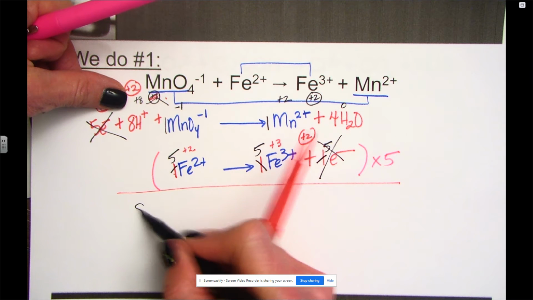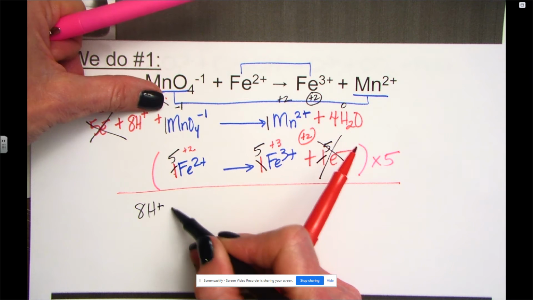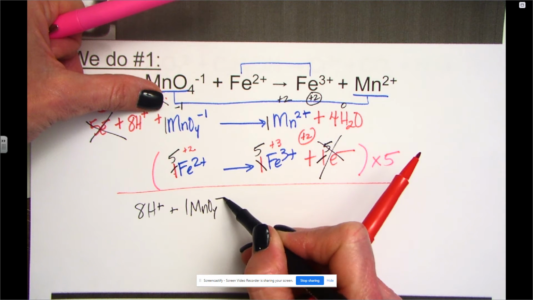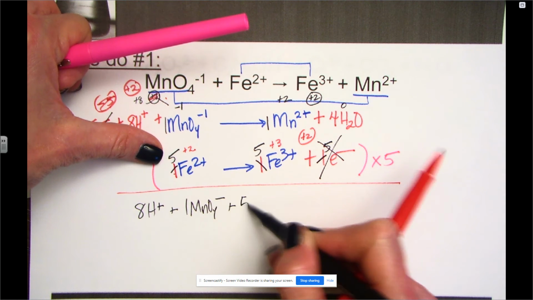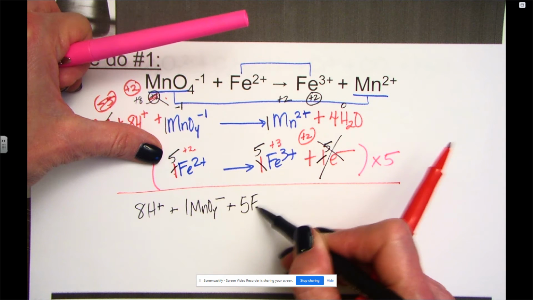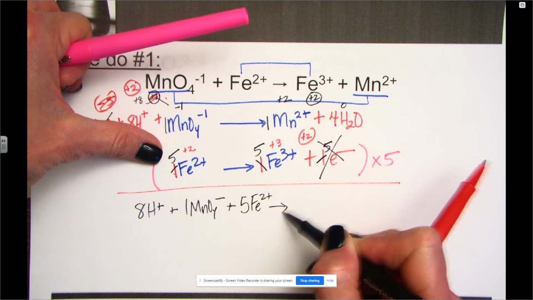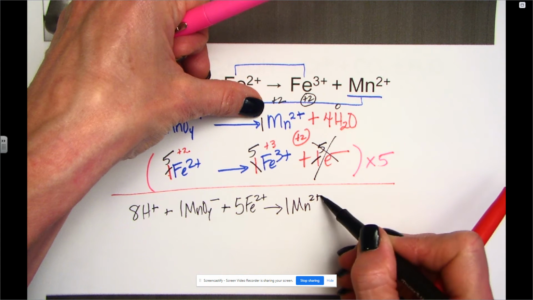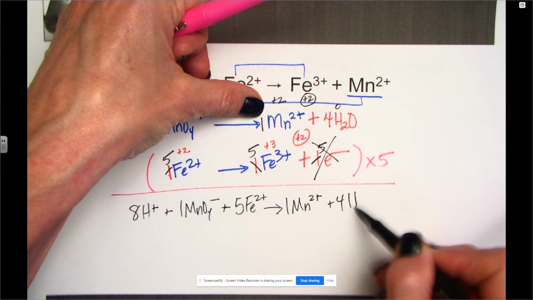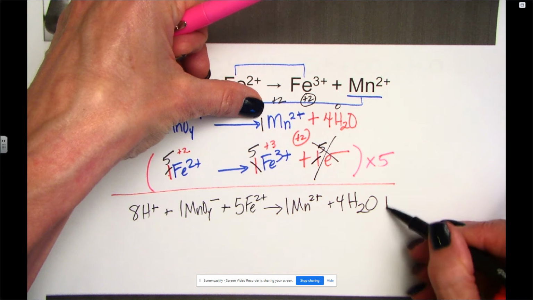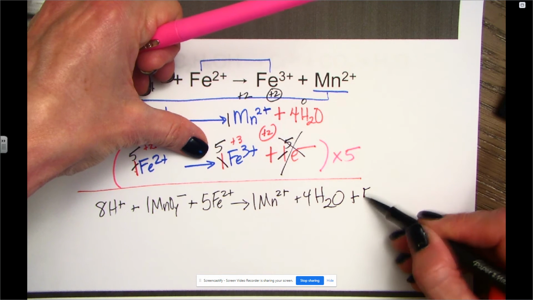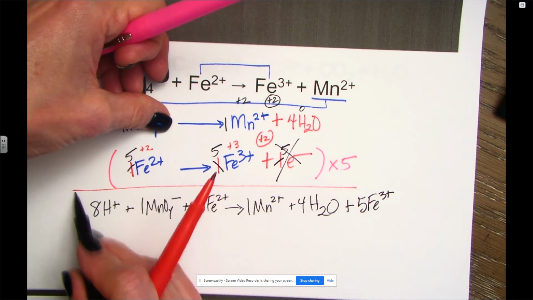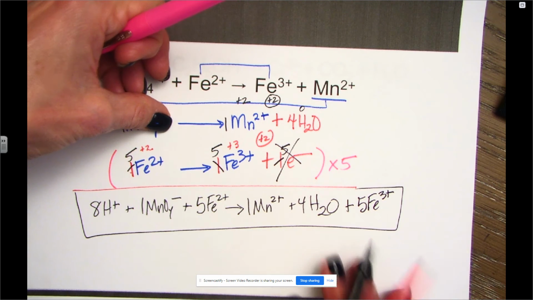So 8 hydrogen ions plus 1 MnO4 ion plus 5 iron 2s yields 1 manganese 2 plus ion plus 4 waters plus 5 iron 3s. So this is going to be your balanced redox reaction.